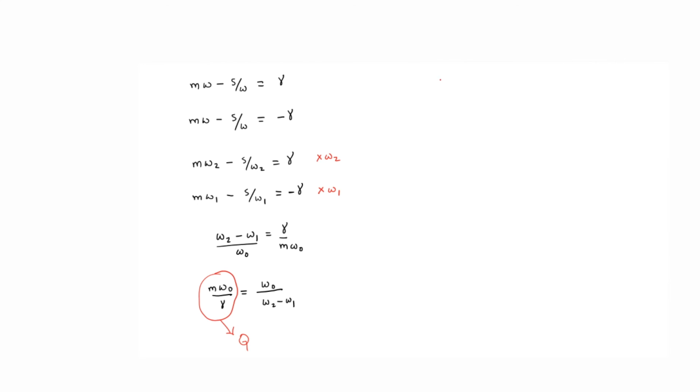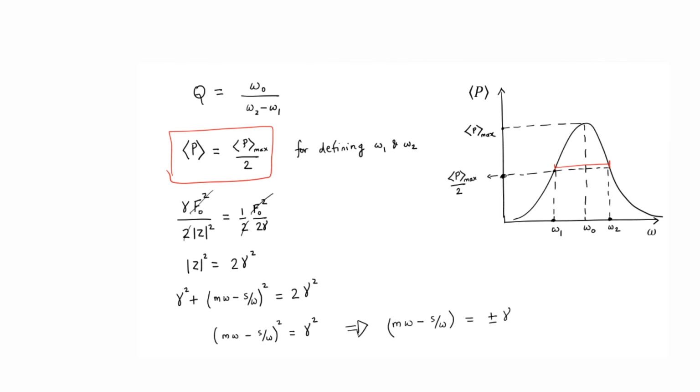So, I have my final result that q value or q factor is equal to omega 0 by omega 2 minus omega 1, and this is a very practical definition that you can get whenever you look at the resonance curve in the form of average power supplied as a function of the driving frequency.